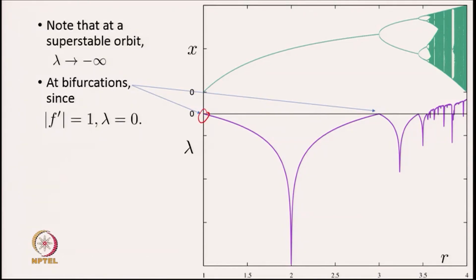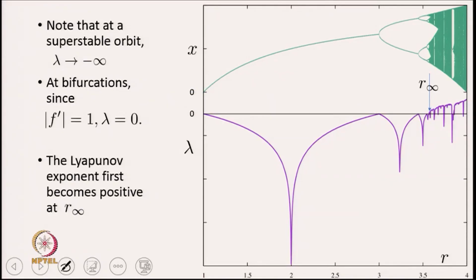So, at every bifurcation, you find that the Lyapunov exponent takes the value 0. That was at the transcritical bifurcation. Here it is at the period doubling bifurcation, and here tucked away inside at the tangent bifurcation, you find that the Lyapunov exponent is actually 0.